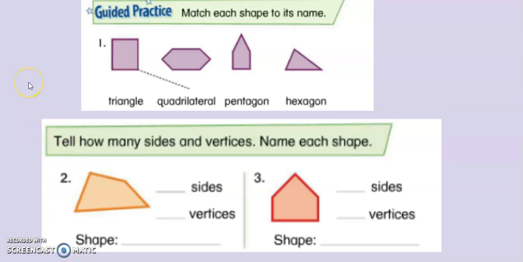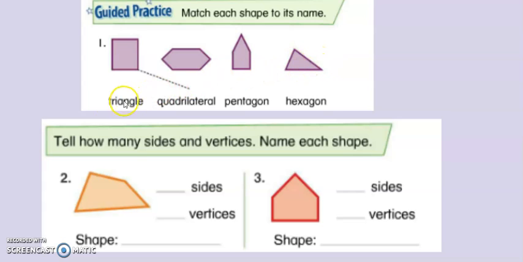Your assignment today is going to have some questions that are similar to this. I'm going to show you some shapes and you're going to have to tell me the name of the polygon. If we count the sides on this first one, I see 1, 2, 3, 4. So sure enough, that's going to be a quadrilateral. As I look across, I see this one looks really easy. 1, 2, 3.